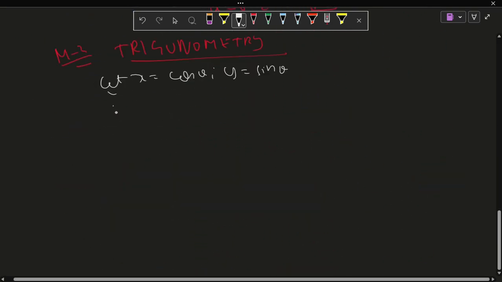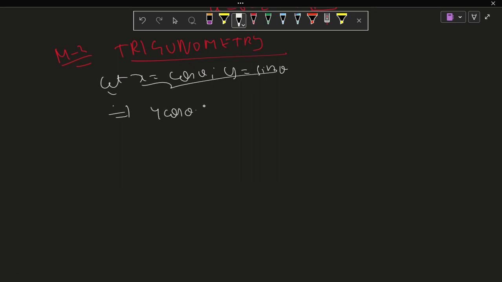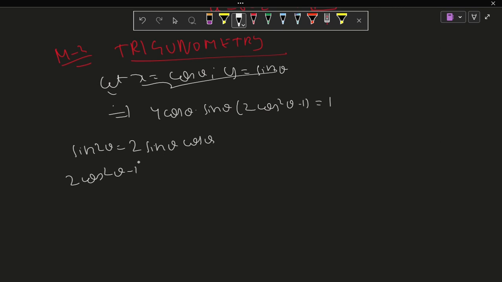So that's the reason. So if we substitute this in the second equation, we have 4 cos theta into sine theta into 2 cos square theta minus 1 is equal to 1. And we know that sine 2 theta is equal to 2 sine theta cos theta, and also 2 cos square theta minus 1 is equal to cos of 2 theta.